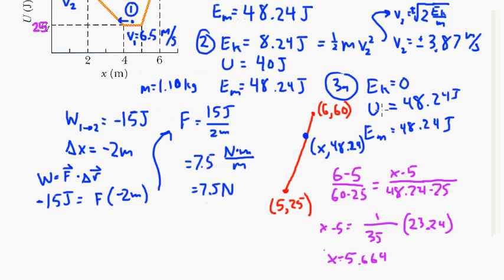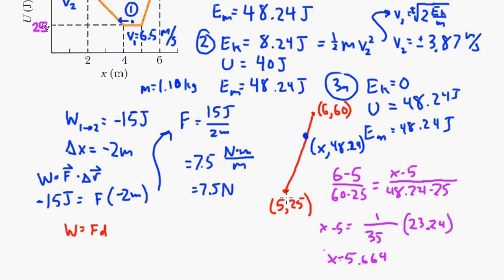Well, that's not terribly hard. This is that hill that we had to go up, and we use the same logic there. Work equals force times displacement, and the force we want to find is from the work.